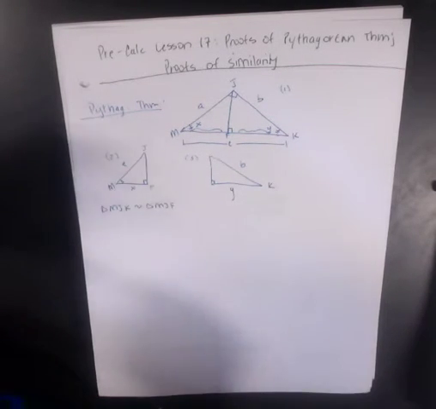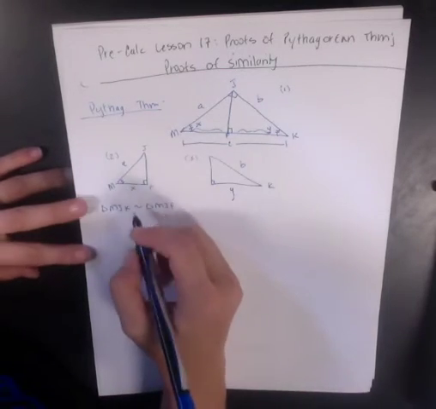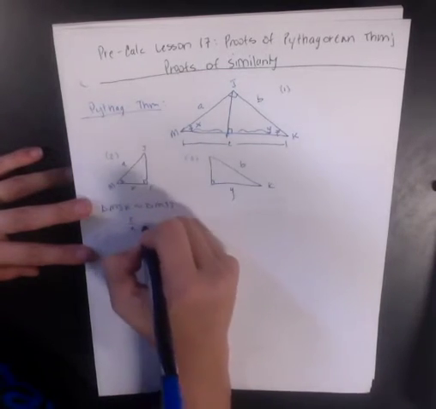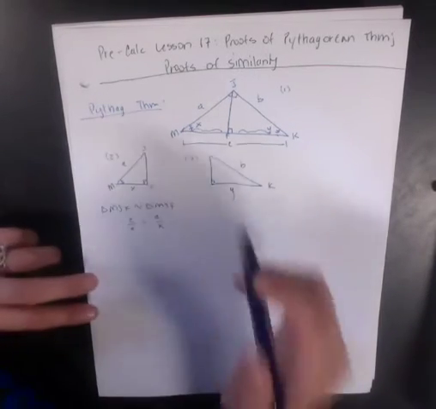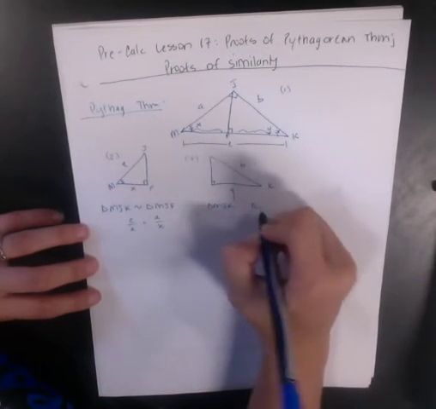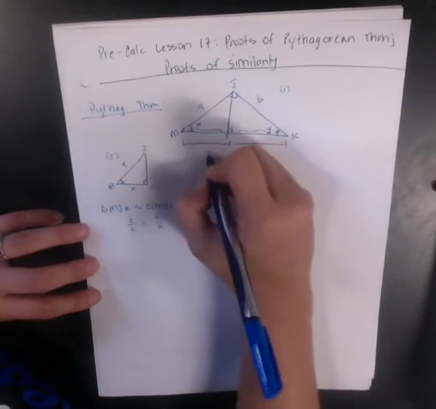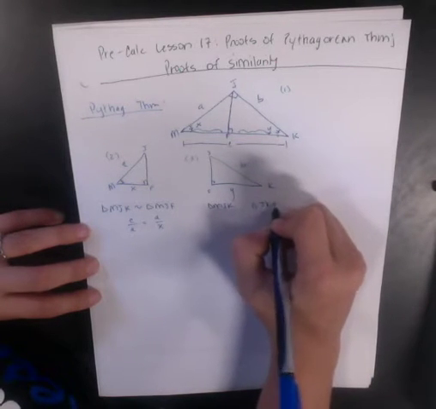Okay? Which, if that's true, then between triangles 1 and 2, I can set up the ratio C over A equals A over X.